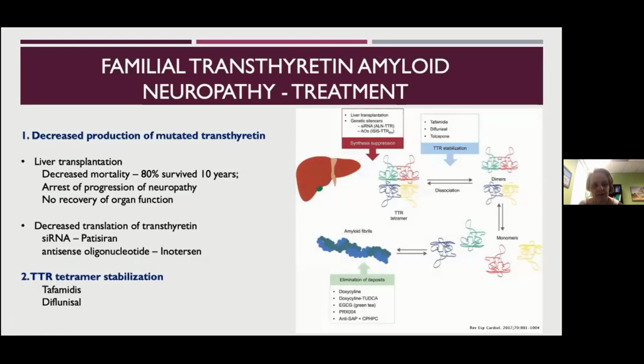It arrested the progression of neuropathy. However, there was no recovery of organ function, and obviously it is a problem with immunosuppression. Now we have decreased translation of transthyretin with siRNAs and antisense oligonucleotides, and we have the TTR stabilizers.